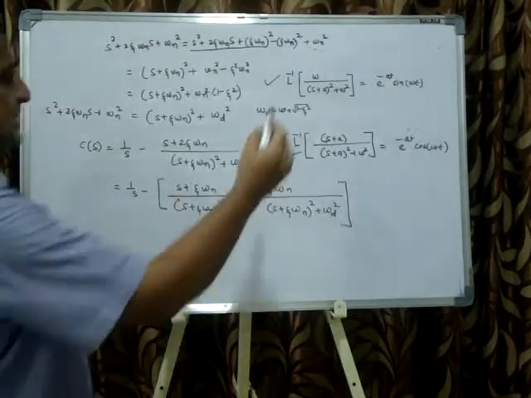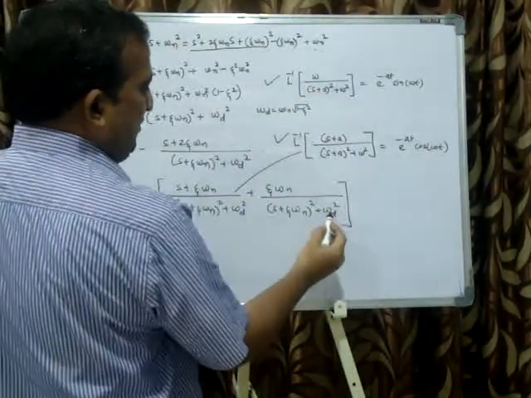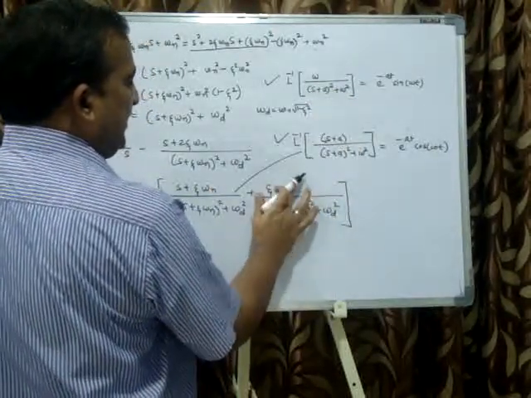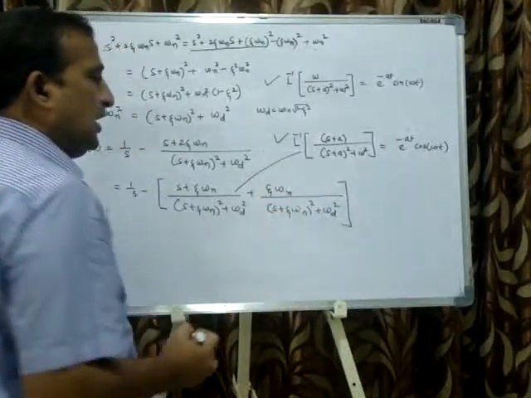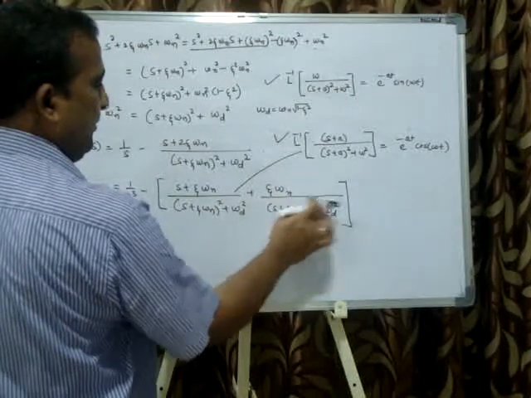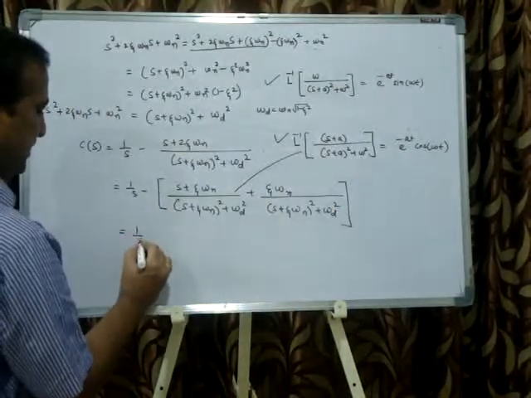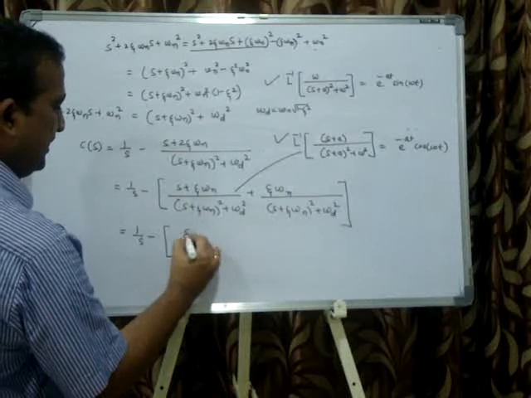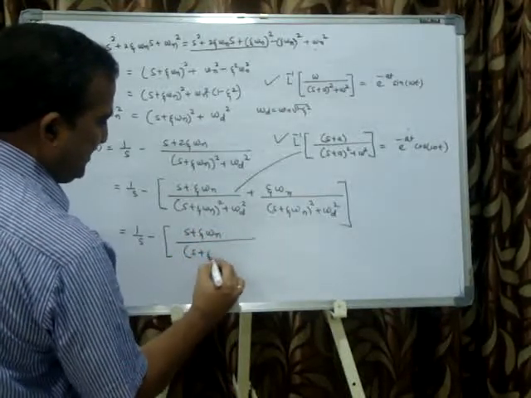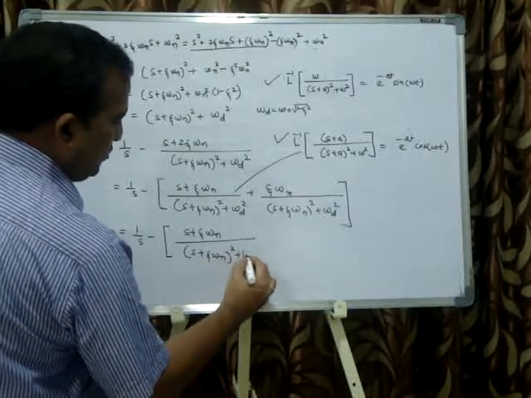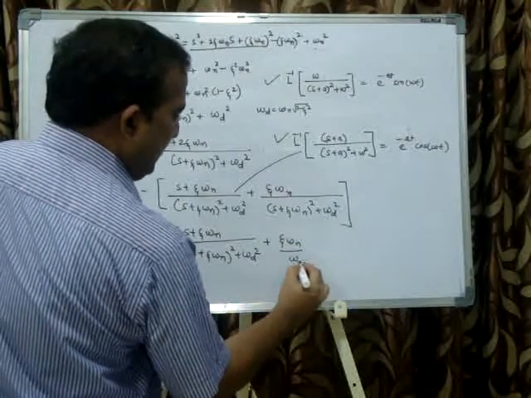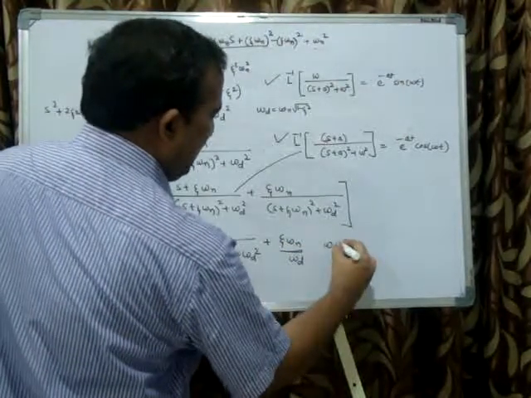But what about this? I want to apply this formula here, where omega d is required. Here there is no omega d. What will I do? I'll divide and multiply by omega d. The last adjustment is s plus zeta omega n divided by s plus zeta omega n whole square plus omega d whole square, plus zeta omega n divided by omega d and multiplied by omega d.